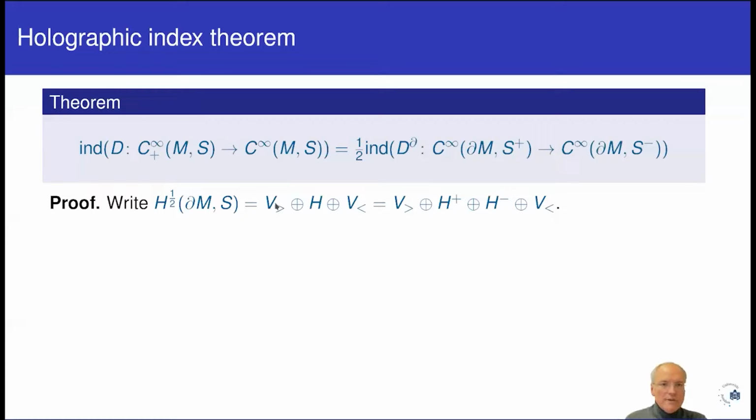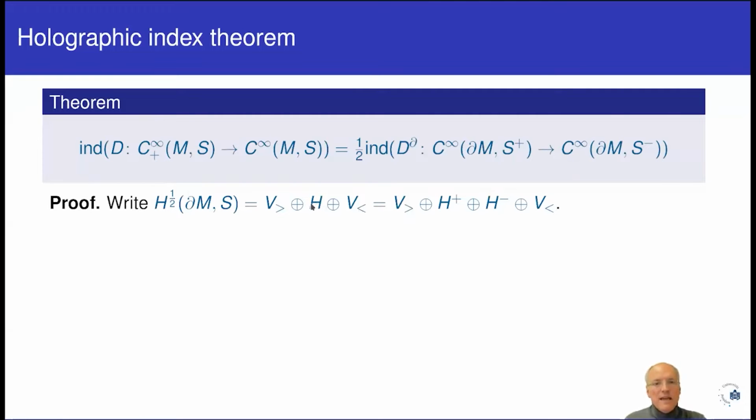You can look at V plus, which stands for the sum of all eigenspaces to positive eigenvalues of the boundary Dirac operator. And similarly, V minus stands for the sum of all eigenspaces for negative eigenvalues, and H is the kernel of the boundary Dirac operator. You have this decomposition, right, by self-adjointness. This is an L2 orthogonal decomposition, but I do it in H1/2.